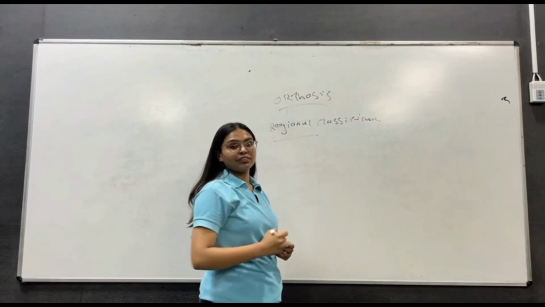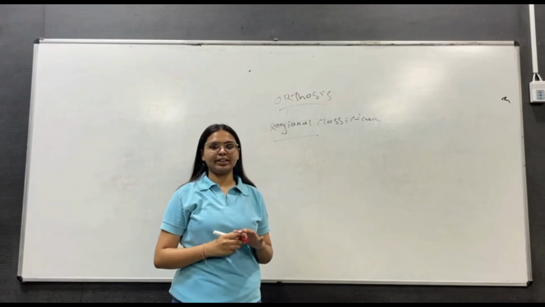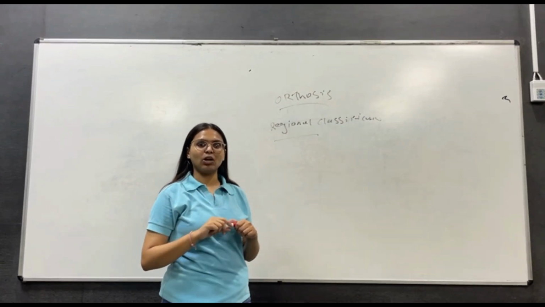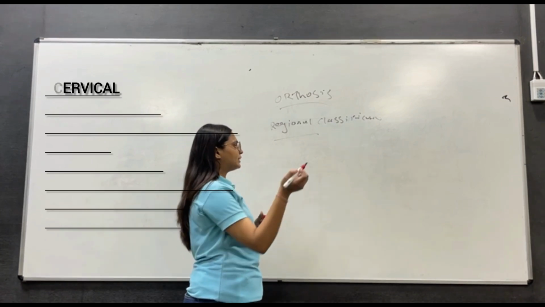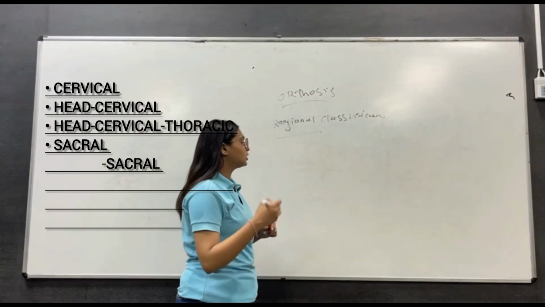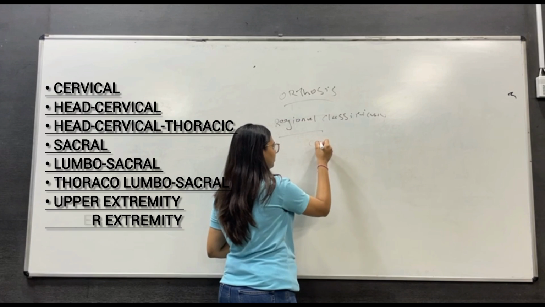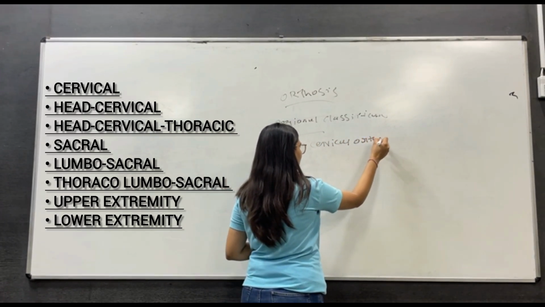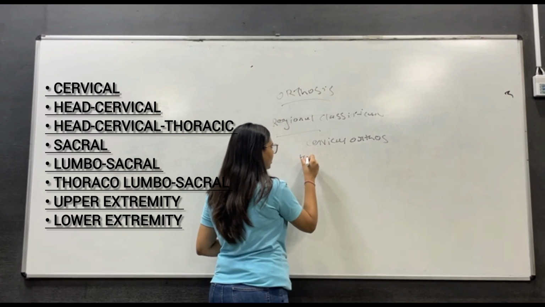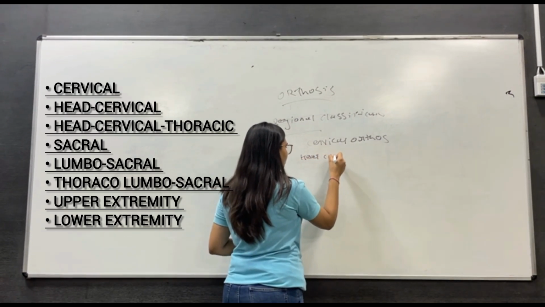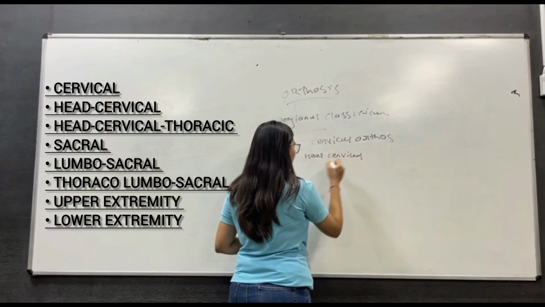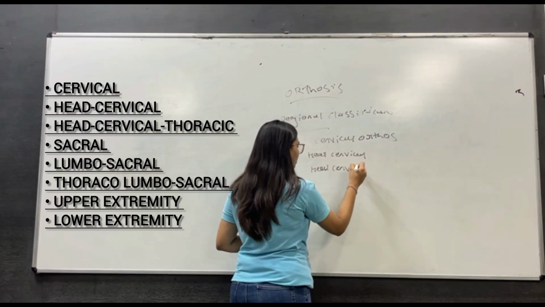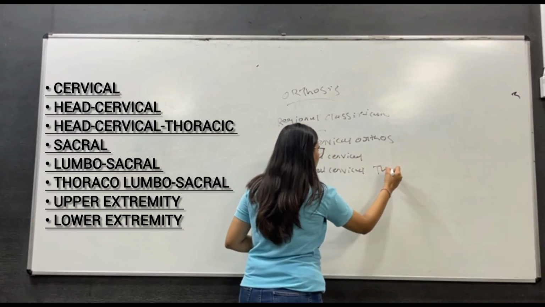Regional classification is basically divided by the region of the body part where we apply the orthosis. So let's see the regional classification of the orthosis. First of all, cervical orthosis. Then head cervical orthosis. Then head cervical thoracic orthosis.